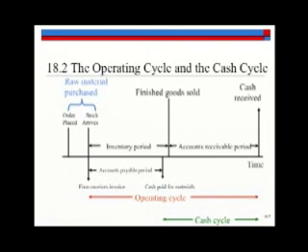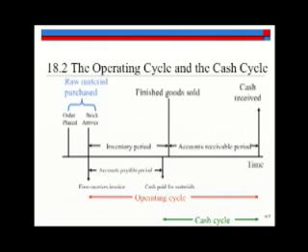Then from the time the stock arrives until we actually finish the goods, so remember that materials go from raw materials and then into work in process and finally into finished goods. Of course, that's the typical manufacturing cycle. If you're a firm like Walmart, a retailer, it's just raw materials directly to inventory. But from the time that the stock arrives until the finished goods are sold is the inventory period.